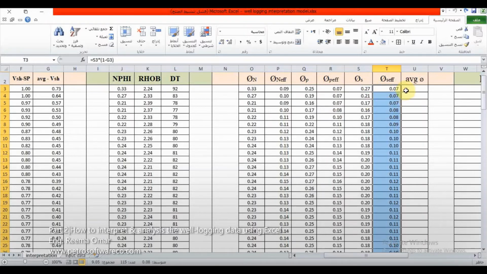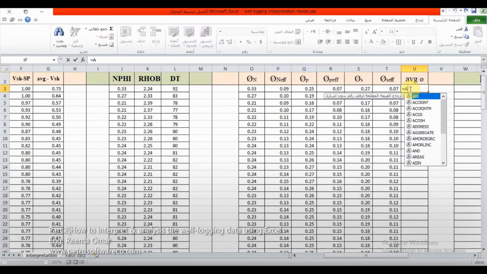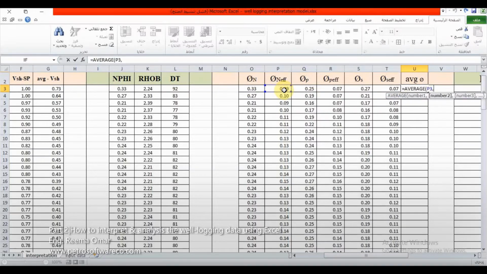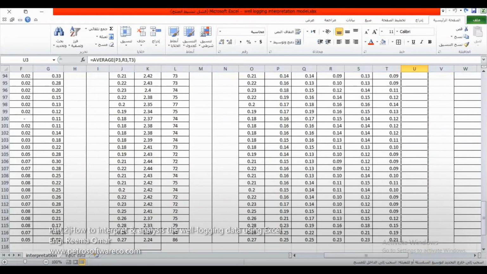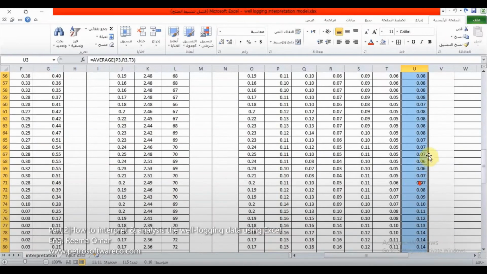You need to estimate one value of porosity, so you need to calculate the average effective porosity: the average of effective neutron, effective density, and effective sonic porosity.